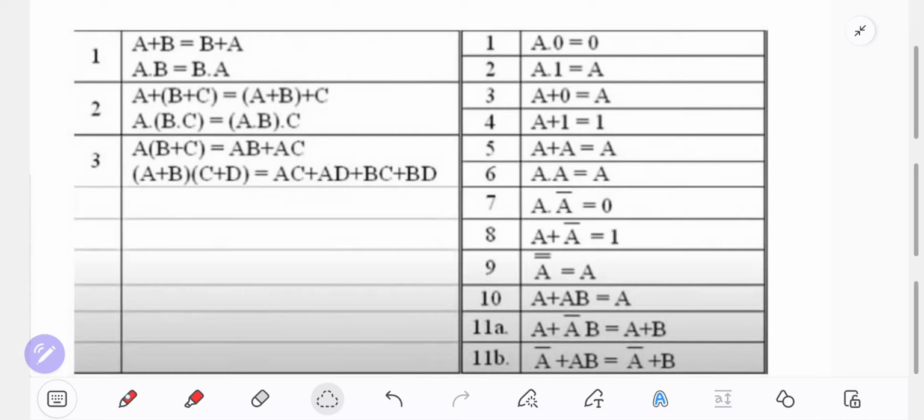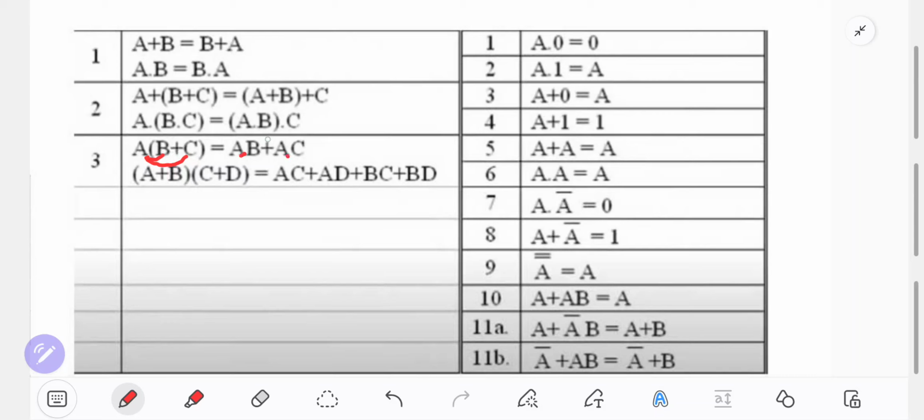Number 3, A times (B plus C) is equal to A times B plus A times C. We can use two operations, times and plus.